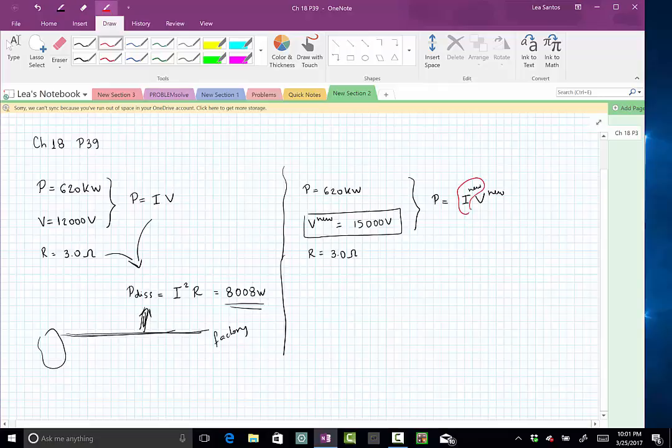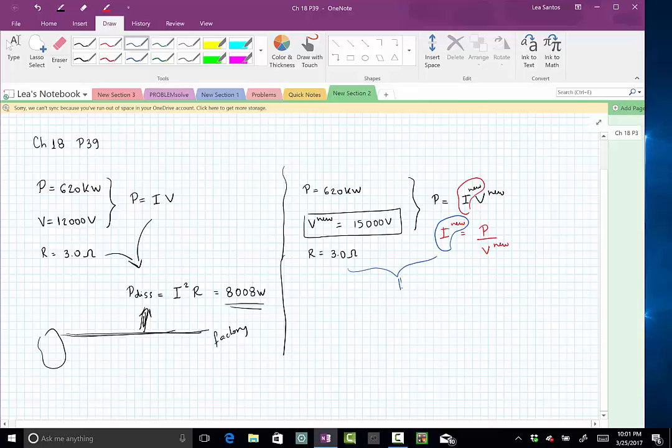And what do you expect? This new current will be much smaller, right? Since this current is the power, which does not change, divided by the potential difference, which is now much larger. So my current will become much smaller.